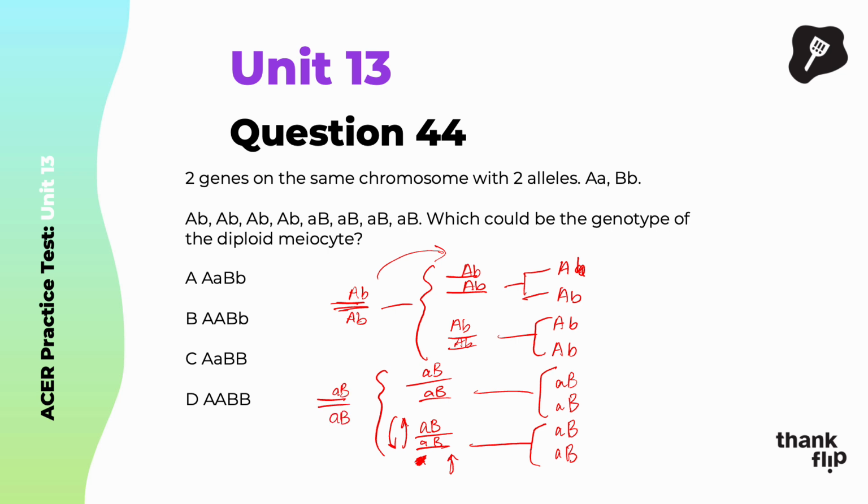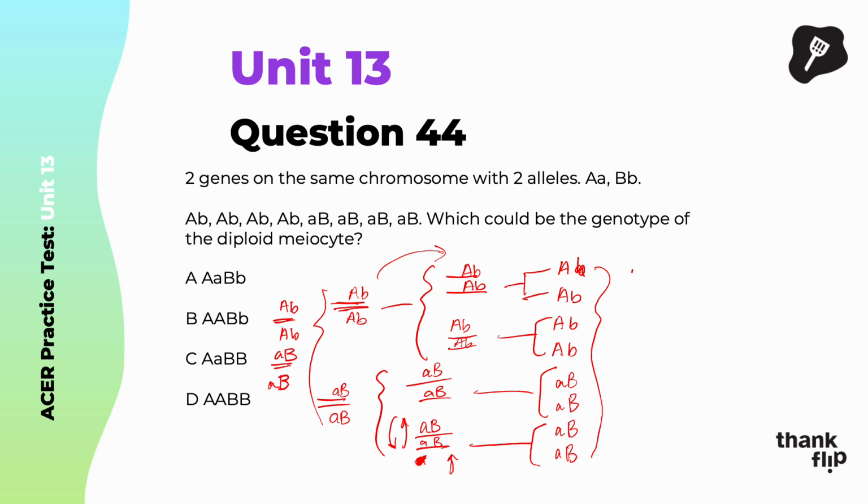And then the genotype of the diploid myocyte would be capital A, lowercase b, and lowercase a and capital B. Now, this order is not given to us, so the order of these haploid cells here could be different.